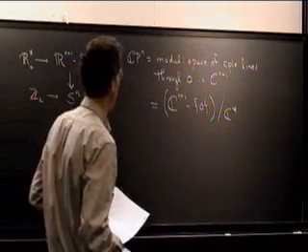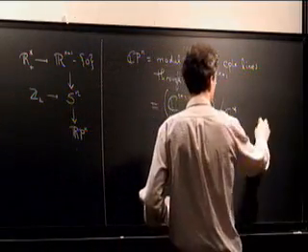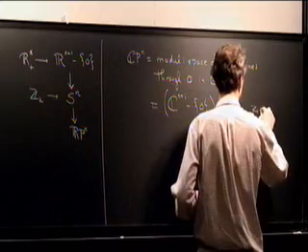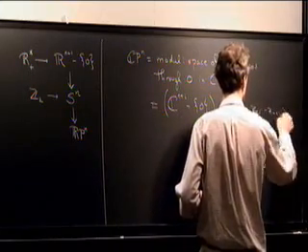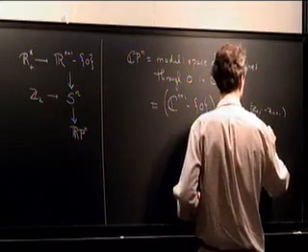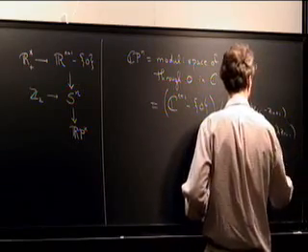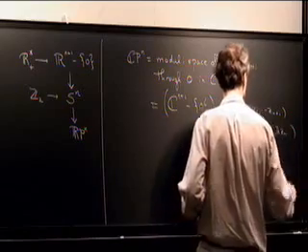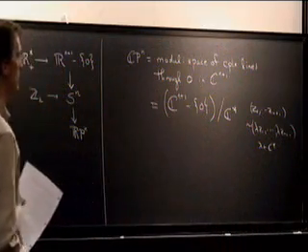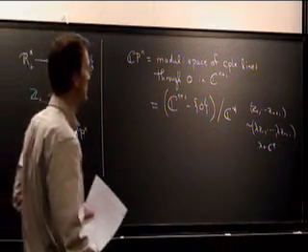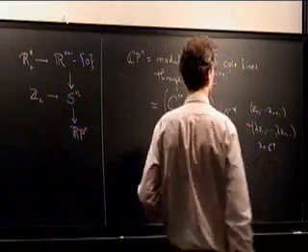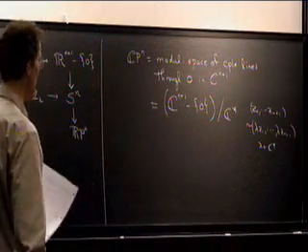Here the C star acts as (Z1, ..., Zn+1) is identified with (lambda Z1, ..., lambda Zn+1), lambda in C star. Okay, and so we would be trying to parameterize the complex line through this point.